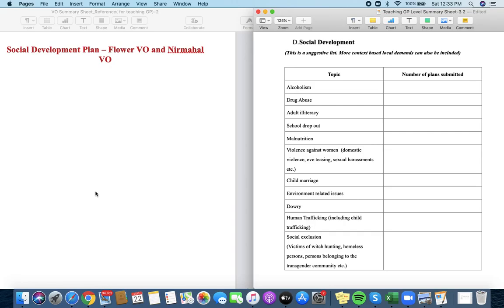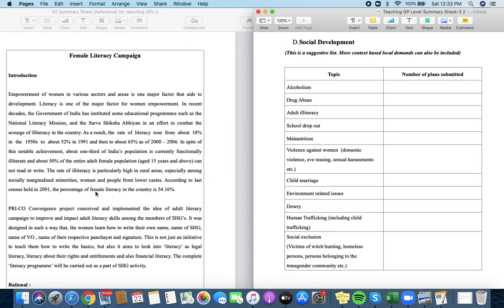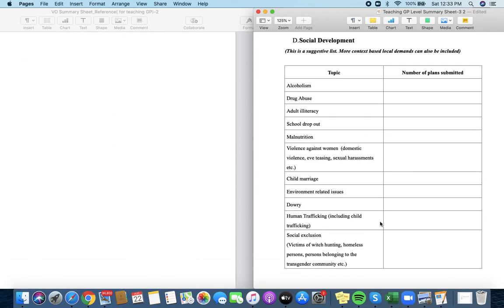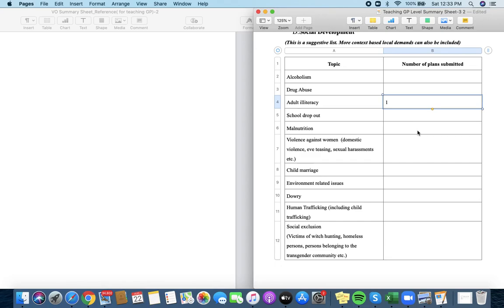In the social development plan for Flower VO and Neer Mahal VO, there is one female literacy campaign that has come about together. So we will find the literacy campaign option. Here it says adult literacy and we will write 1 because there is one demand, as both Flower VO and Neer Mahal VO together want to work on female literacy.